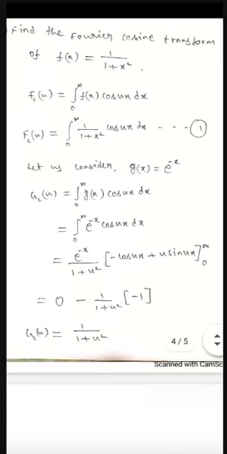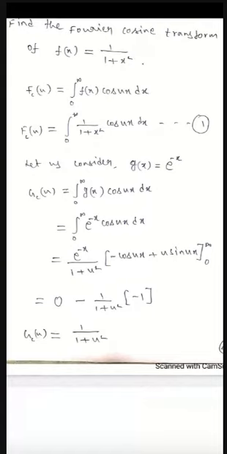For e power ax cos bx, the integral is e power ax divided by a square plus b square, into a cos bx plus b sin bx. In the place of a, I put minus 1, and in the place of b, I put u. So e power minus x by 1 plus u square into minus cos ux plus u sin ux. Apply the upper limit minus the lower limit.